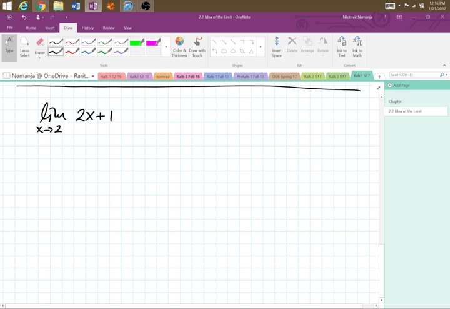So yes, the answer should be 5. And we are going to learn in 2.3 that when nothing fancy is happening, you can just plug in 2 times 2 is 4 plus 1 is 5 and you're done. But if stuff happens, then algebra, and if that doesn't help, it's going to be this. So what I'm going to do now is the chart.